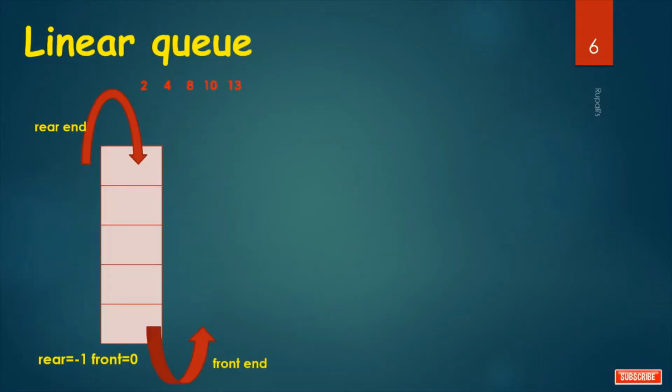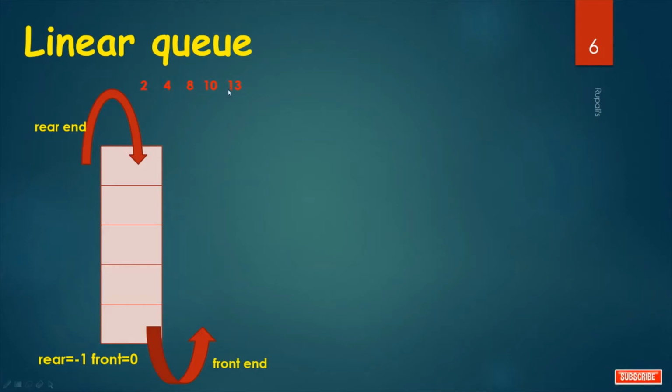Now see how linear queue works. In case of linear queue, there are two ends. The rear end is the inserting end, and the front end is the deleting end. Now this is an integer queue, all elements are integer. So I want to insert and delete these elements.